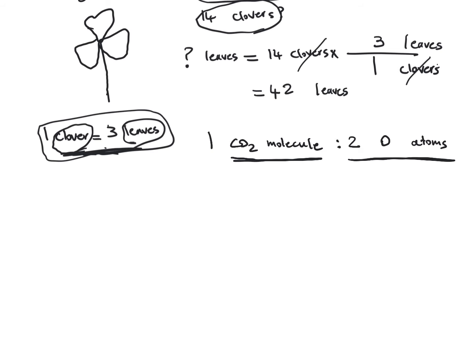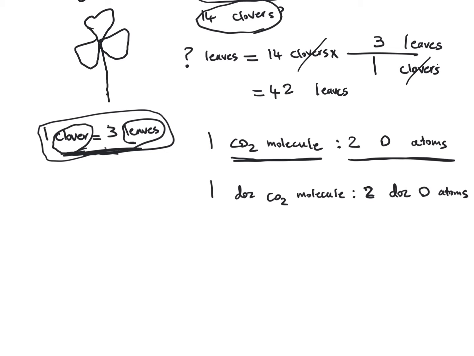So here I can write that 1 dozen CO2 molecules corresponds to 2 dozen oxygen atoms, right? It's like multiplying both sides by the same number. It doesn't change, so these 2 still would be equivalent, right?